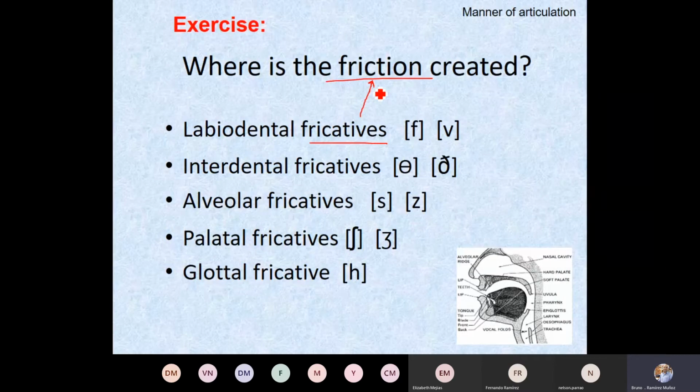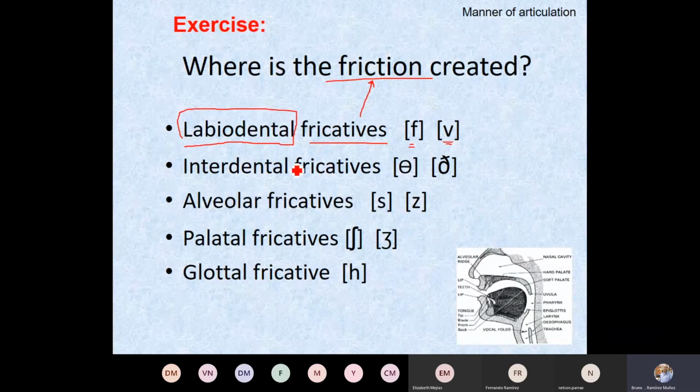Where is the friction created for a labiodental fricative such as f and v? The friction is created by the lips and the teeth. So you get that from this section.